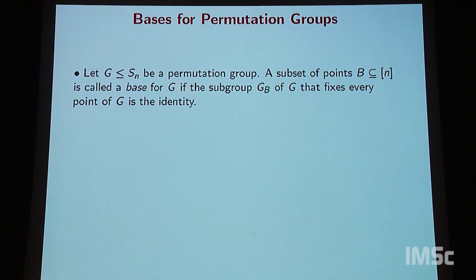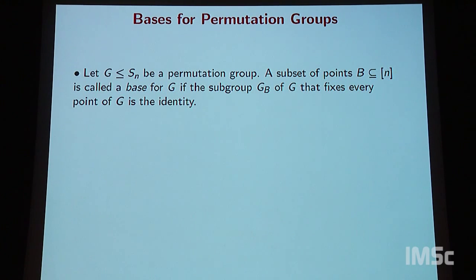Now I move on to a slightly different topic. Another computationally useful thing, which is very useful, for example, in the group applications package, where small base permutation groups can be dealt with differently, and the package deals with it differently.